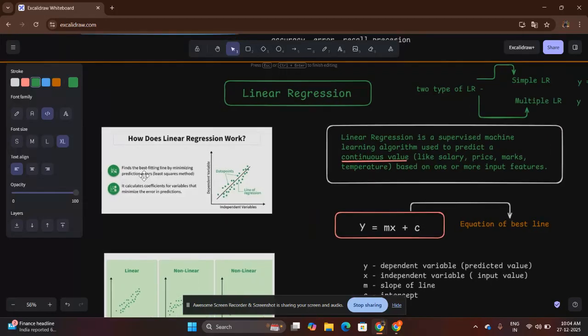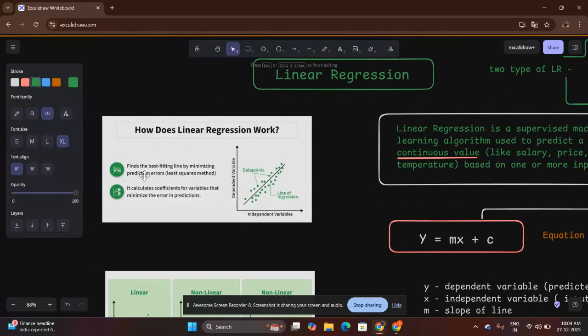You can see in this diagram, if there are continuous values, the graph will look like this, and it tries to draw one best fitting line between the data points, such that each data point is near that line, so the distance between the line and the data point is small, the error is less and accuracy is high.